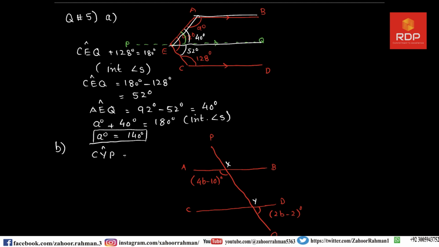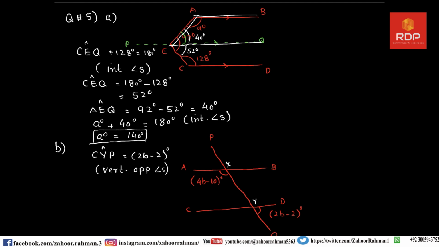is equal to (2b minus 2) degrees, and that is a vertically opposite angle. By the theorem, vertically opposite angles. So I am writing here the reference.